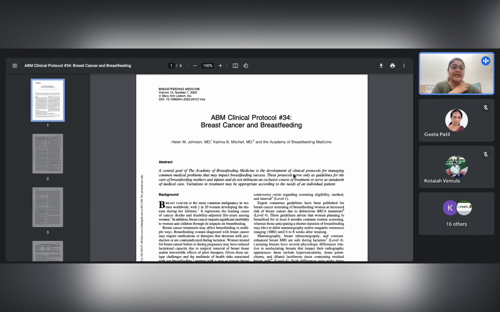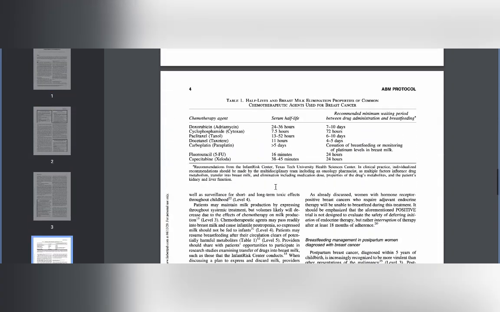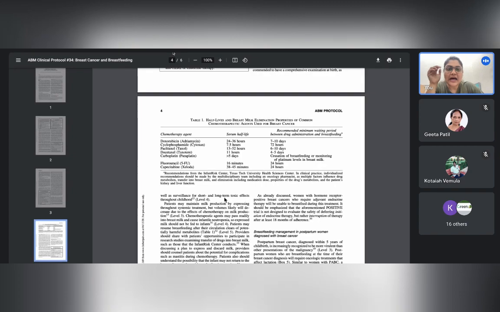So if somebody is receiving chemotherapy, I'll just show the table. These are the half-lives, and these are the recommended minimum waiting periods that the Academy of Breastfeeding Medicine has advocated. These can be taken into consideration when we say that it is contraindicated in chemotherapy patients or not.